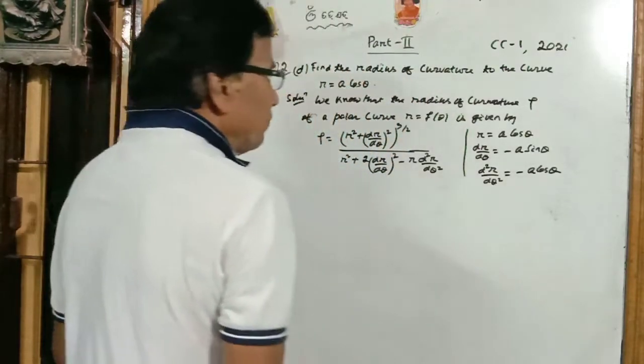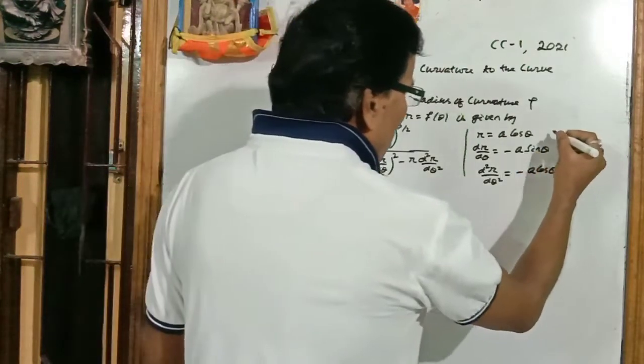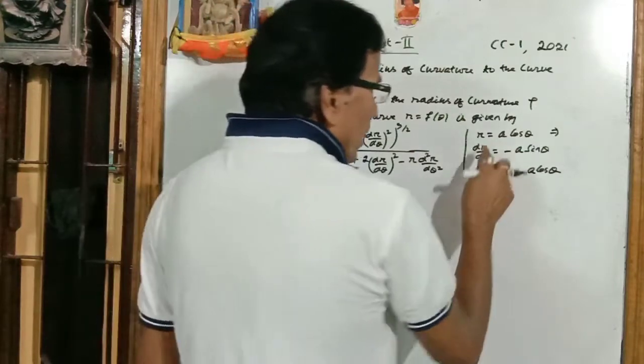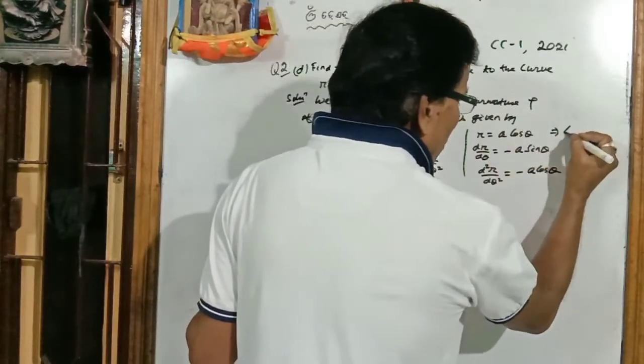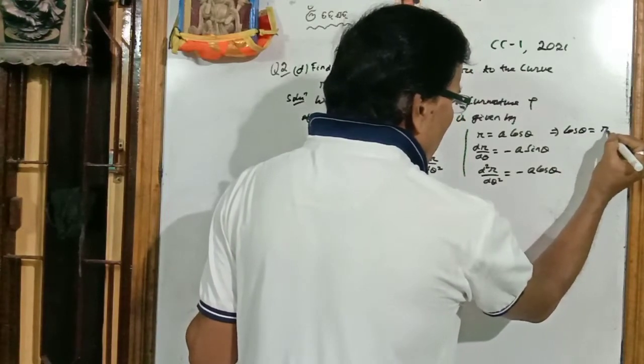Now here you see that since r is equal to a cos theta, cos theta is equal to r by a.